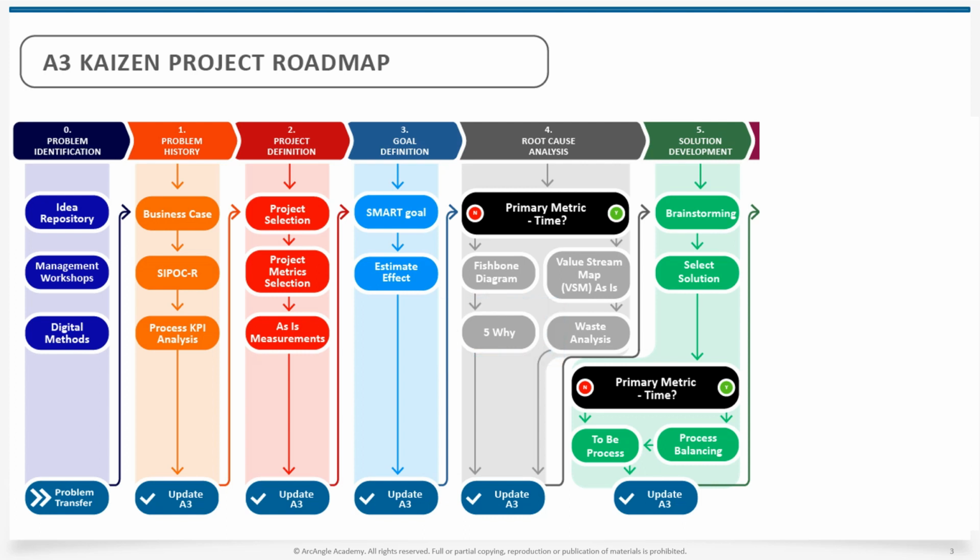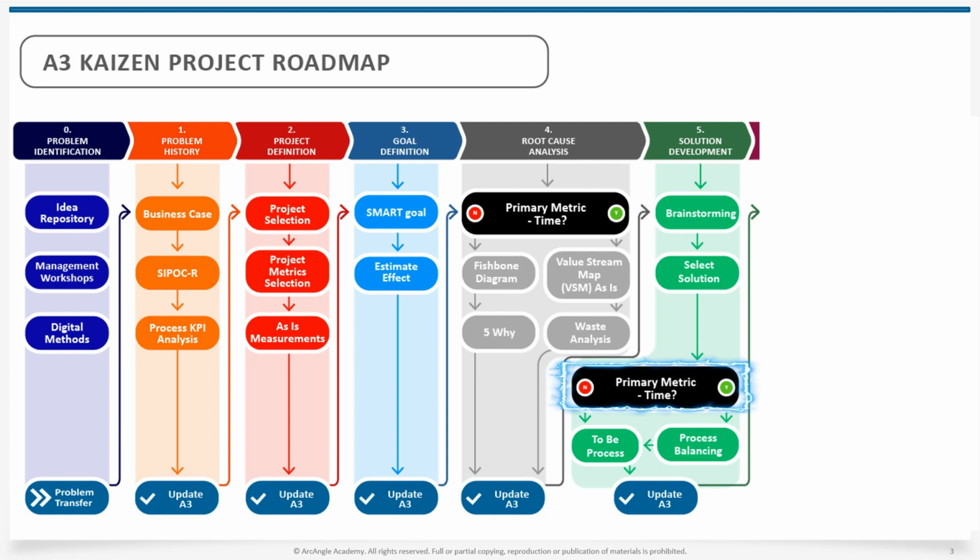Phase 5. Solution development. This phase focuses on developing solutions to address the identified problem. It includes brainstorming, generating ideas and potential solutions through a collaborative and creative process. Select solution, evaluating and selecting the most suitable solution for implementation.